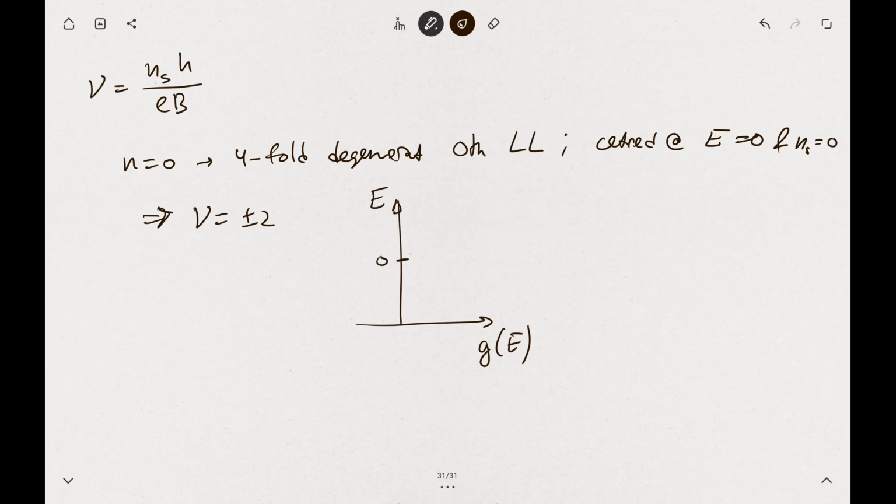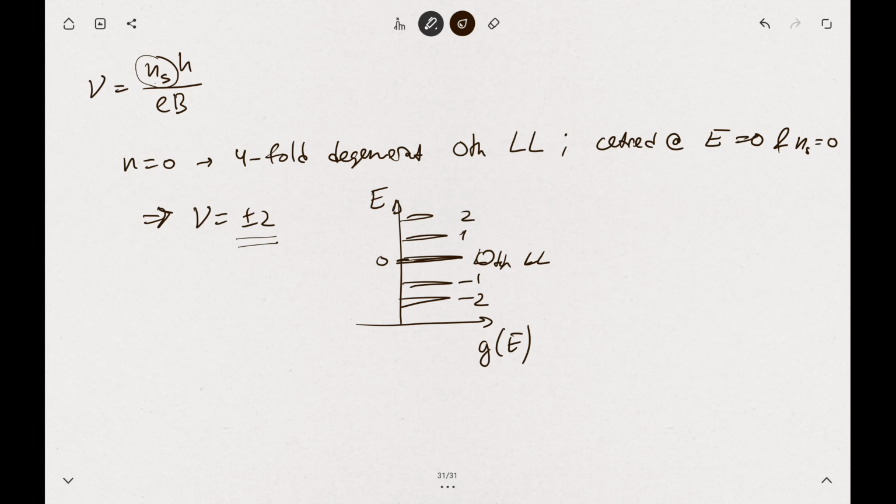So there will be the energy levels, the 0th Landau level, and then we'll have some other Landau levels as well: the first, second, minus first, minus second, and so on. But when you draw them on the carrier density scale, so using this ns, the 0th Landau level would actually be separated by these plus minus 2 degeneracies.